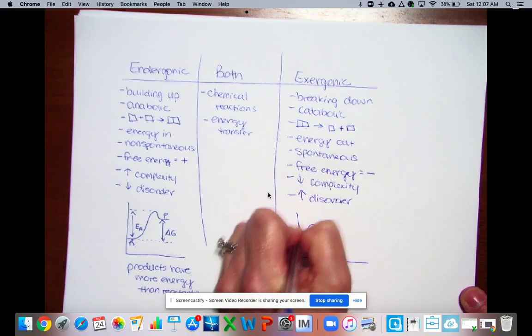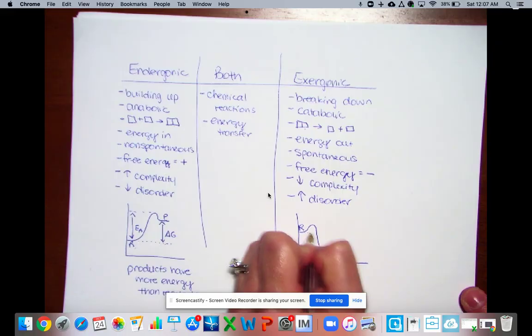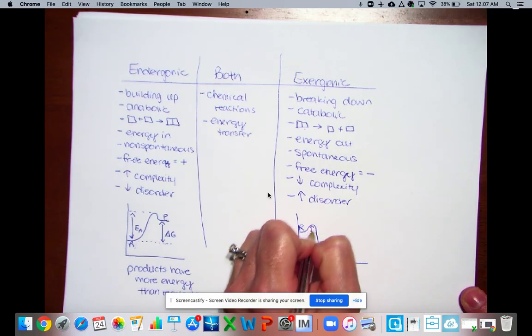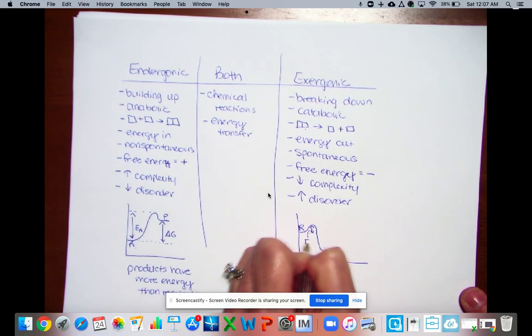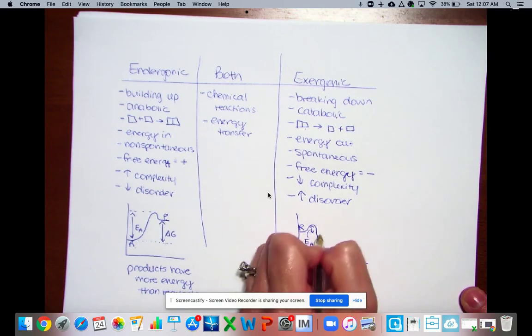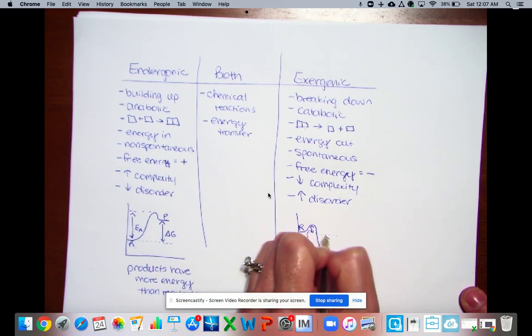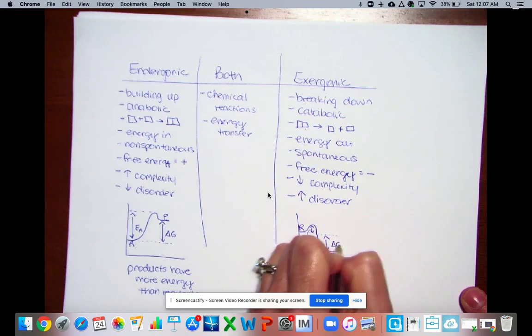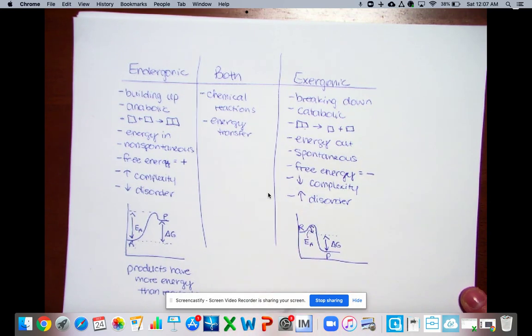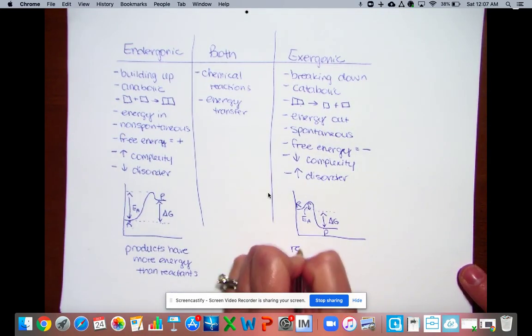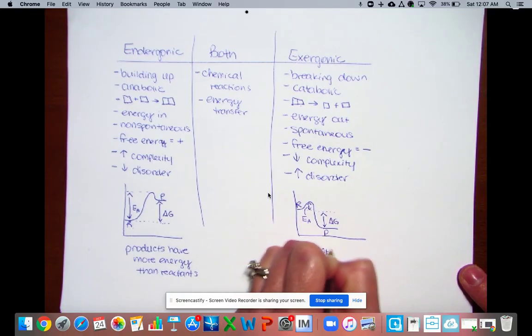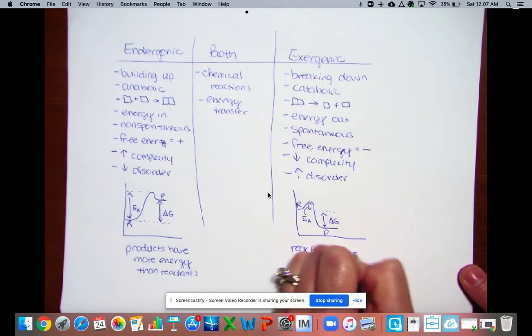So here's your products, here's your reactants. That is your activation energy. And this is your delta G, and since it's going down, that's why it's negative. So in this case, your reactants have more energy than your products.